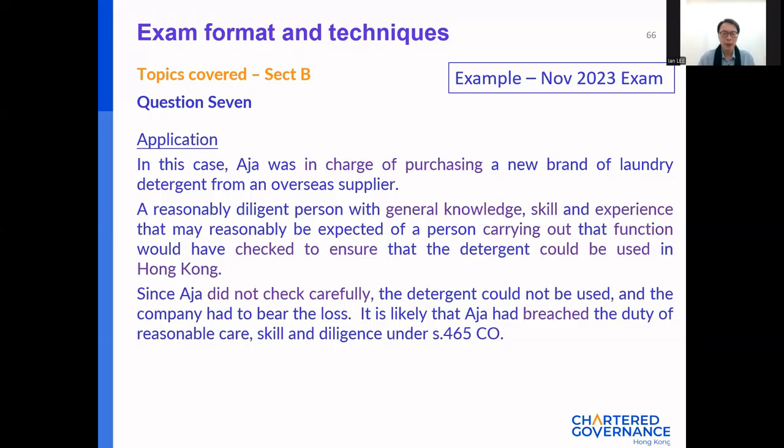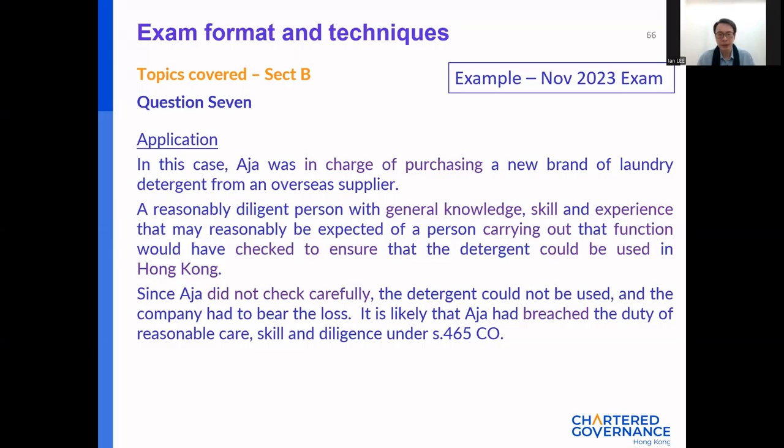So a reasonably diligent person with general knowledge, skill, and experience, that's the objective test, that may reasonably be expected of a person carrying out that function would have checked to ensure that the detergent could be used in Hong Kong. You run a dry cleaning business.